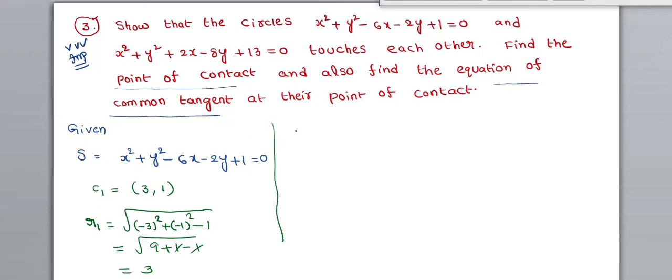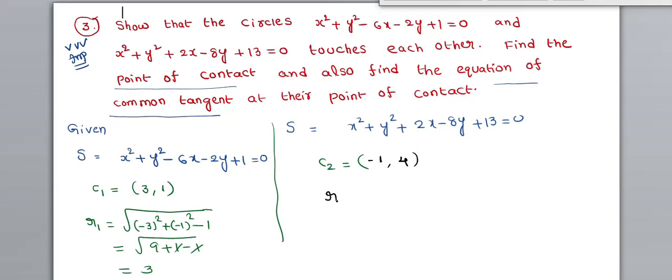Same, write the other circle S equal to x square plus y square plus 2x minus 8y plus 13 equal to 0. Find the center C2 (minus g, minus f). 2g equal to 2, g equal to 1, so minus g is minus 1; 2f equal to minus 8, f equal to minus 4, minus f is plus 4.